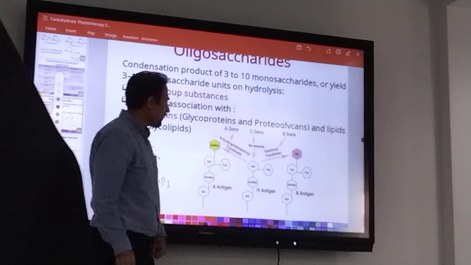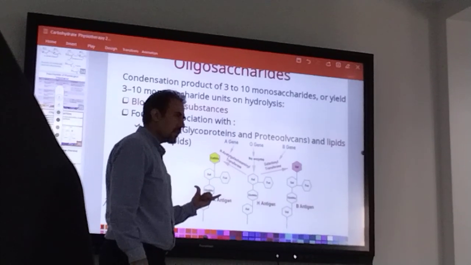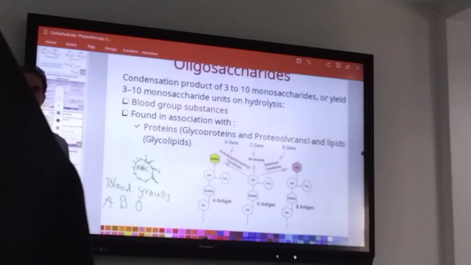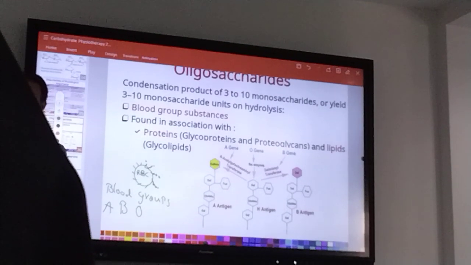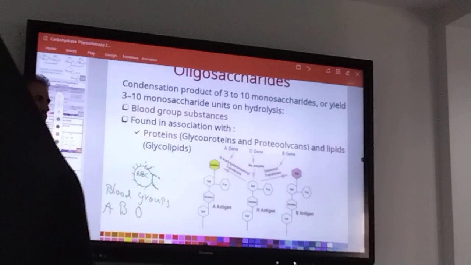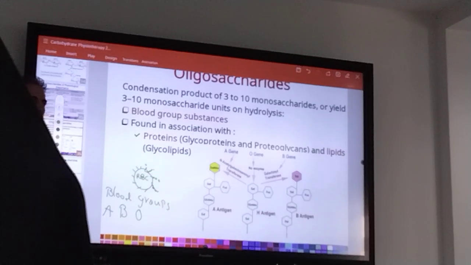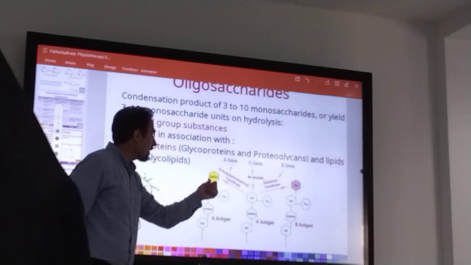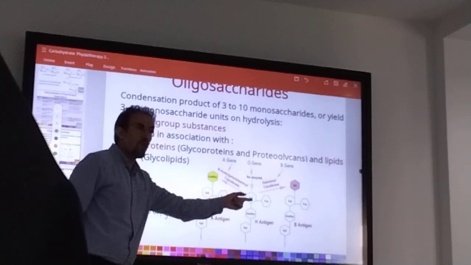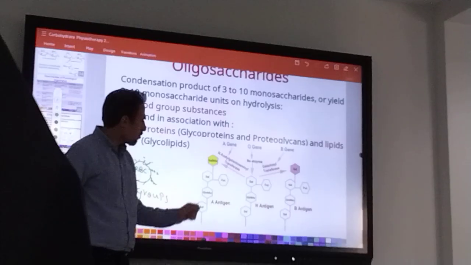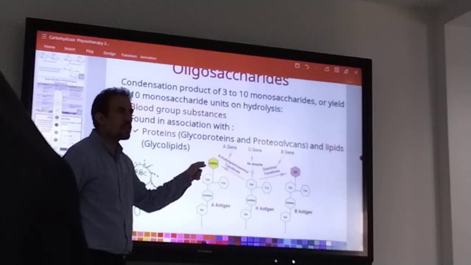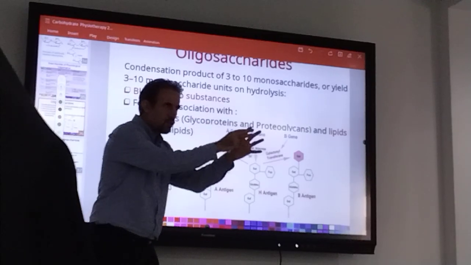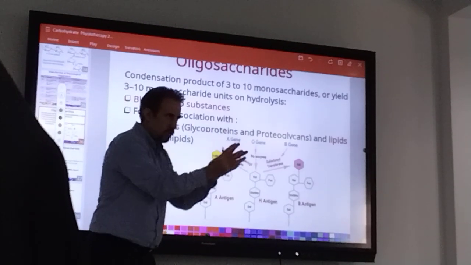So what is the difference between O and A? Whose blood group is A? Do you know your blood groups? So who knows? What is O? It is like this. The difference between A and O is just this one: N-acetyl galactose, with acetyl groups connected to galactose.